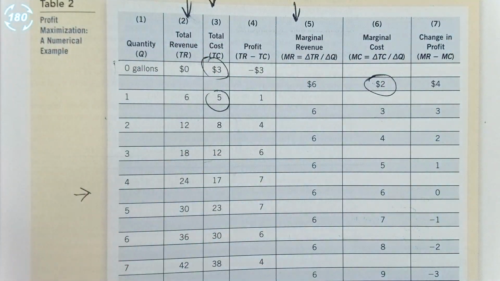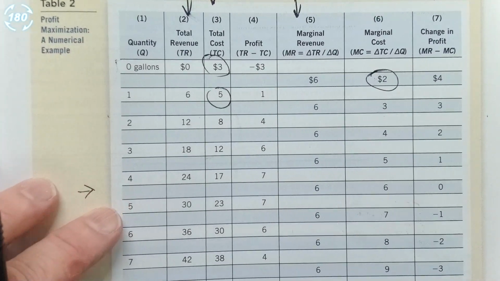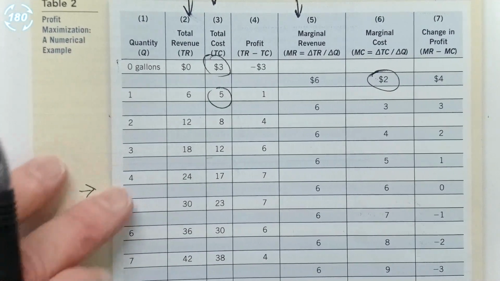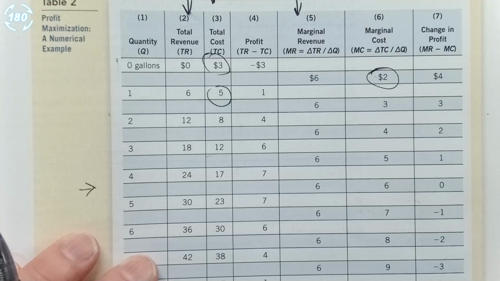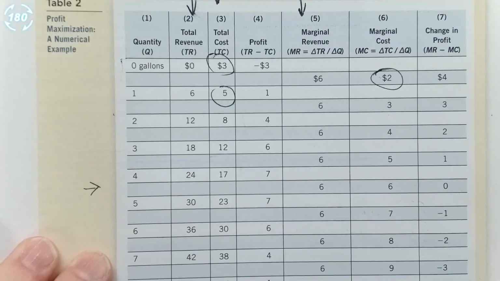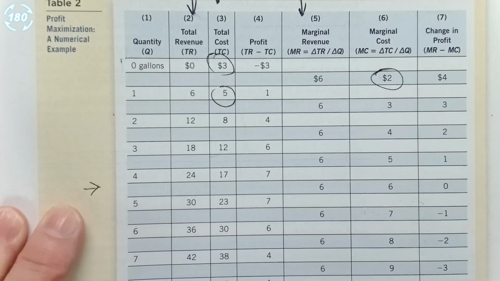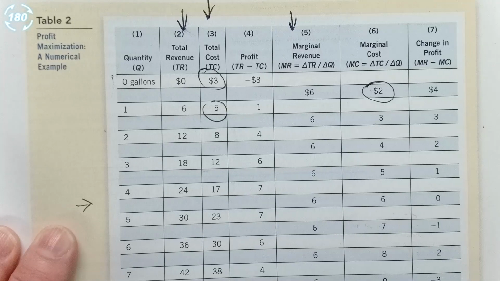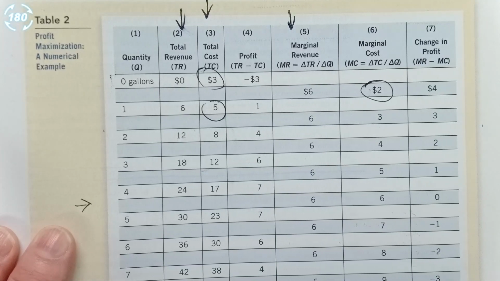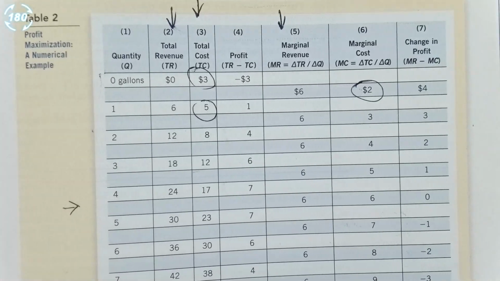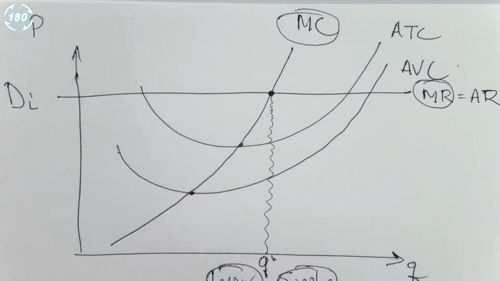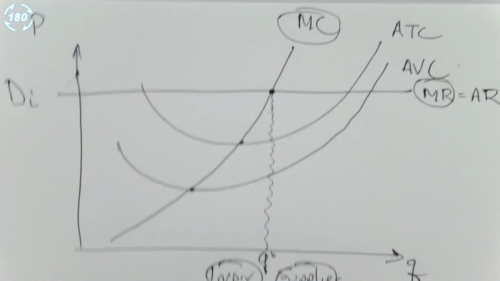They need some data like this to determine how many workers to employ to generate output. So the question here is very real world. What level of output should this plant produce at? What do you think? Any ideas? What is it we want to do? What's the objective? Maximize what? Profit. We know we want to maximize profit, right?